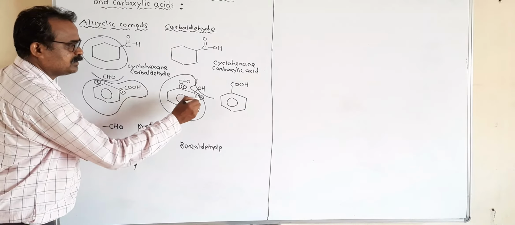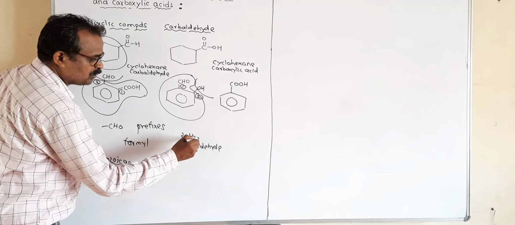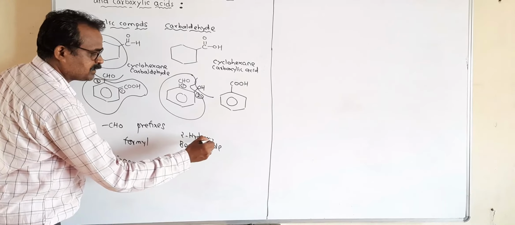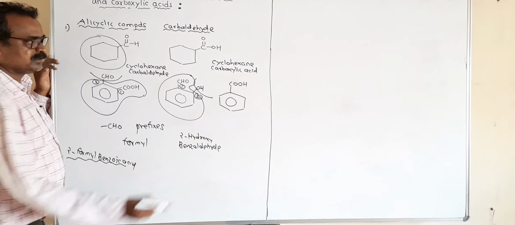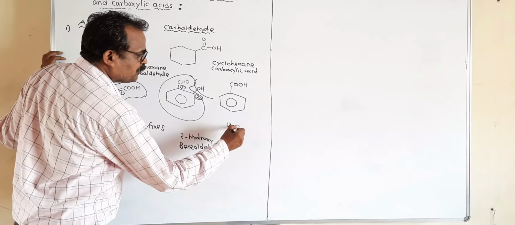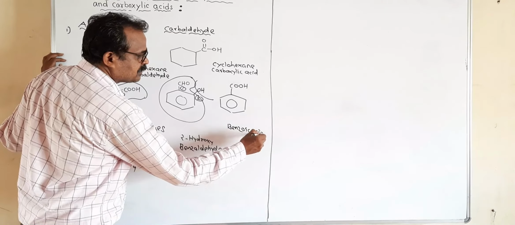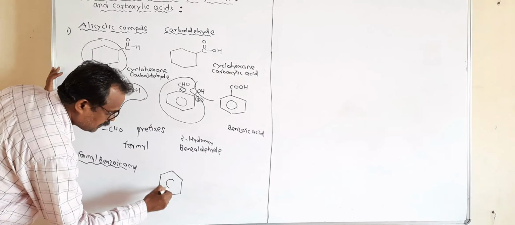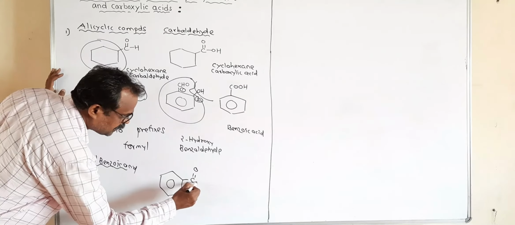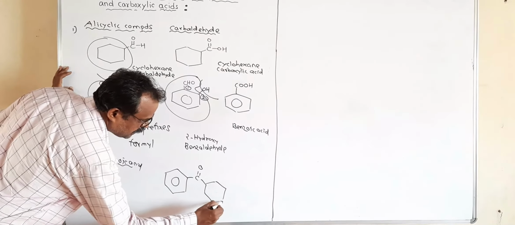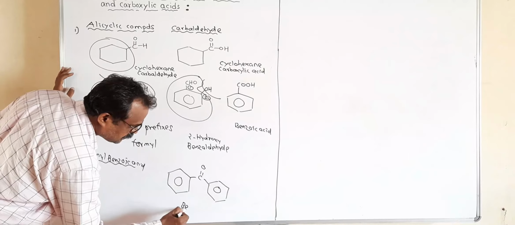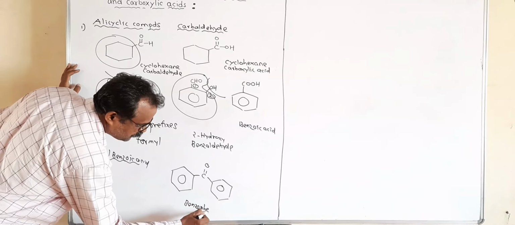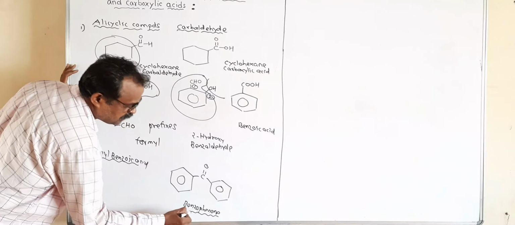This is one and this is two. So this is called 2-hydroxybenzaldehyde. And this is benzoic acid. And the diphenyl ketone is named benzophenone. This is known as benzophenone.